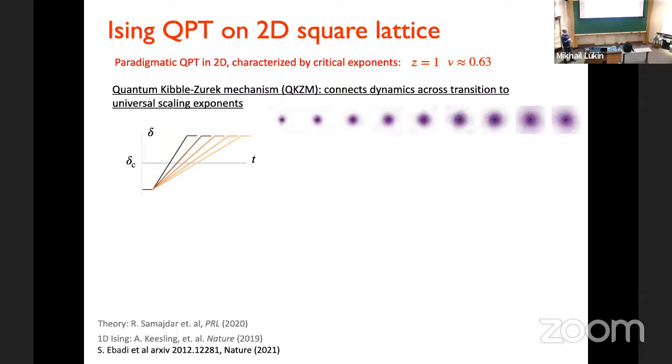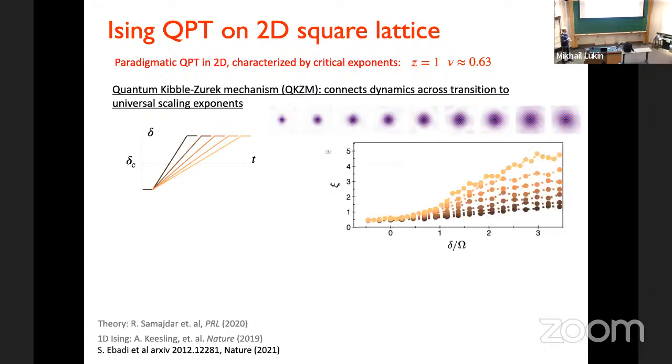It's actually quite dramatic what happens. Here is the correlation function if you go slowly, and here is if you go quickly. By looking at these correlation functions, we can try to extract the correlation length. This correlation length is extracted as a function of speed, but also of the detuning at which we stop.